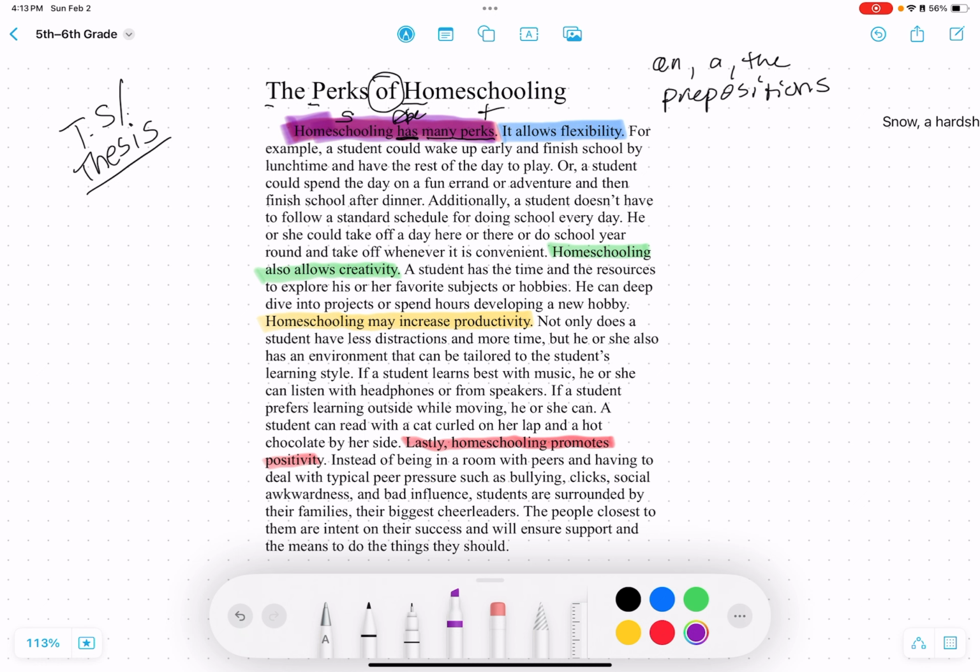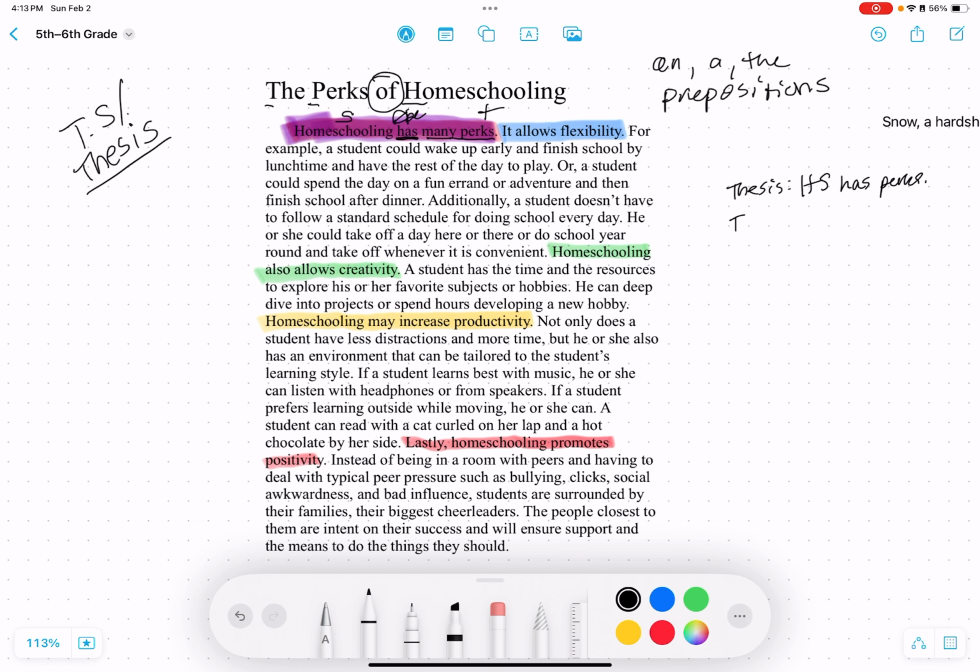All right. Now, just by the colors alone, you can tell that we have 1, 2, 3, 4 points. So I'm going to create my outline over here. Now, normally you start with your outline, but we're just assessing it based on how it's organized. So we have our thesis, which is homeschooling has many perks. I'm just going to shorten it here. Okay.